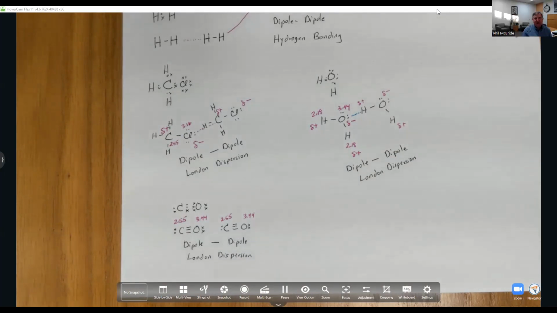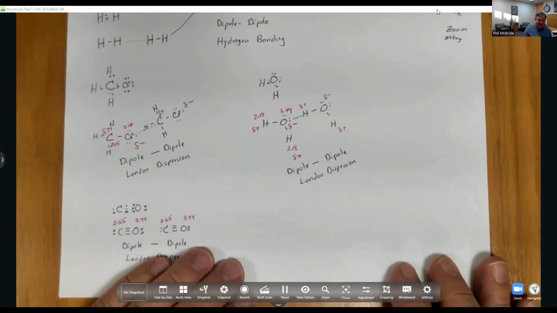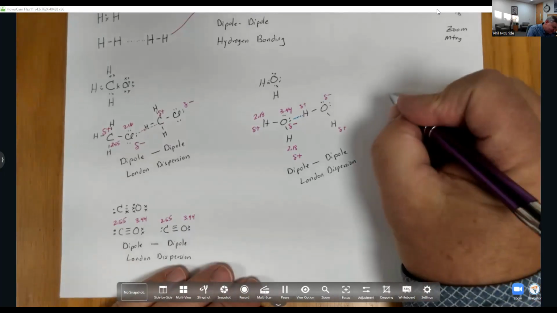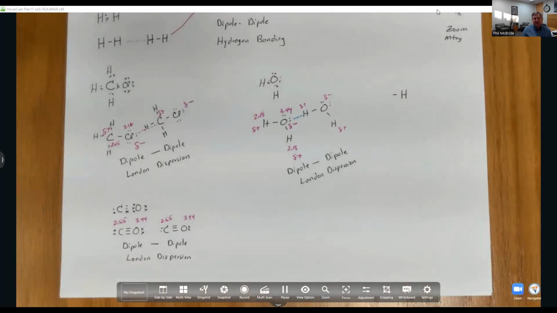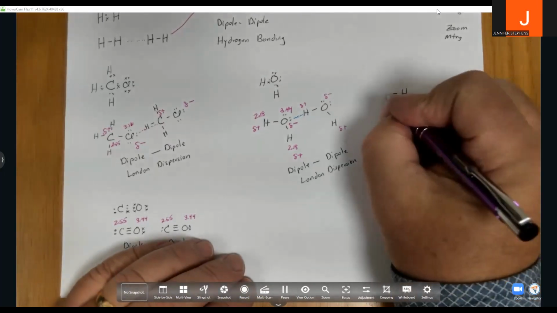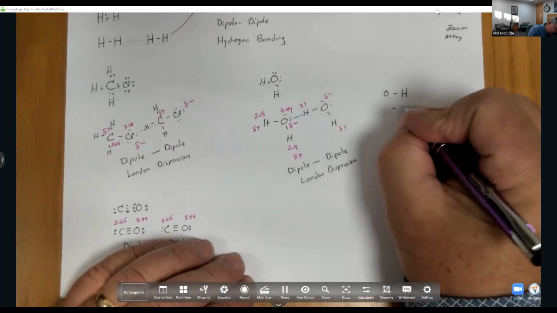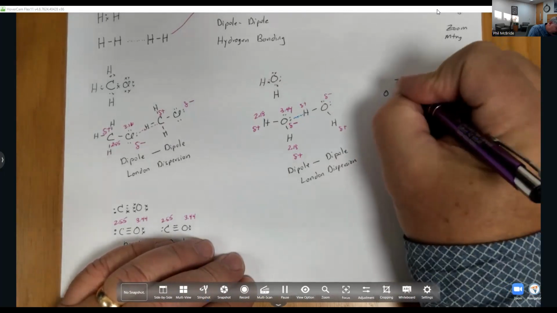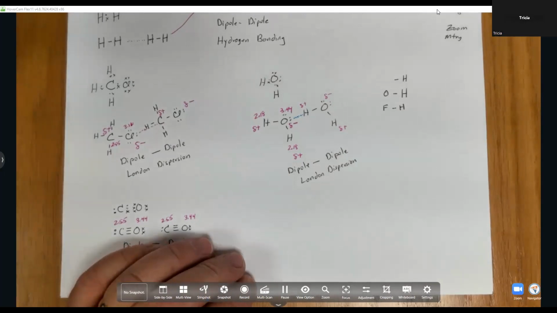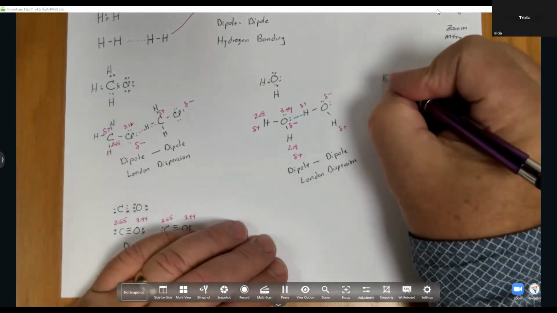So what do we need for hydrogen bonding? We need a hydrogen, right? And what does the hydrogen have to be attached to? Oxygen, fluorine, or one other one, nitrogen.